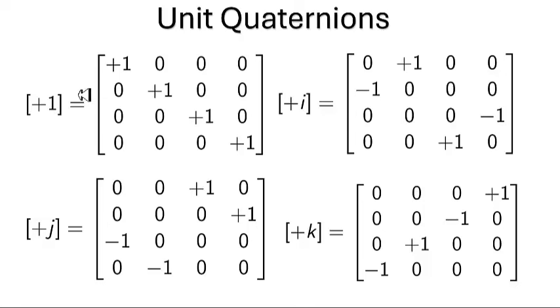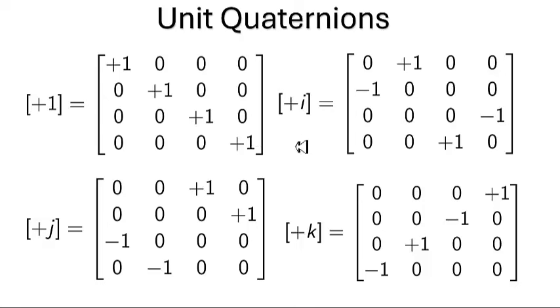The +1 quaternion matrix has positive ones in the forward diagonal. So the +1 in quaternion language are the locations in the matrix that contain the unit 1. This is real 1, this is real 1, this is real 1, this is real 1.